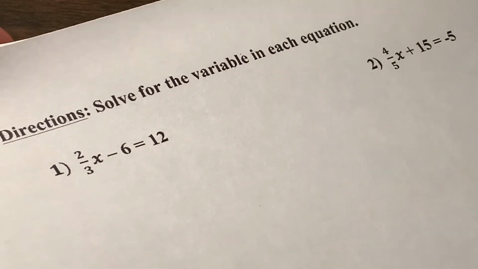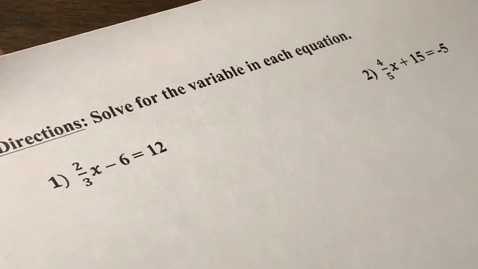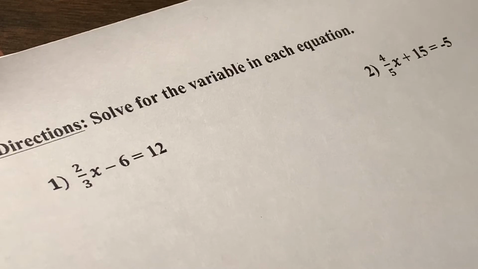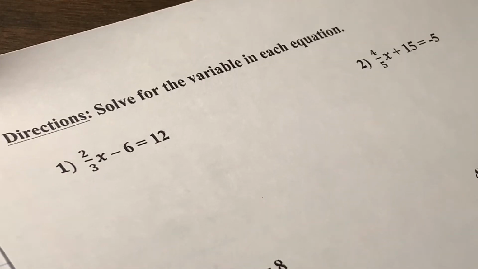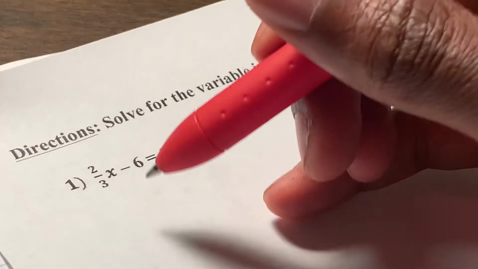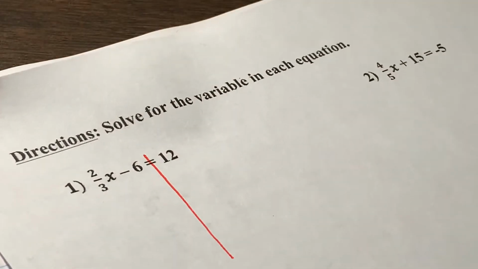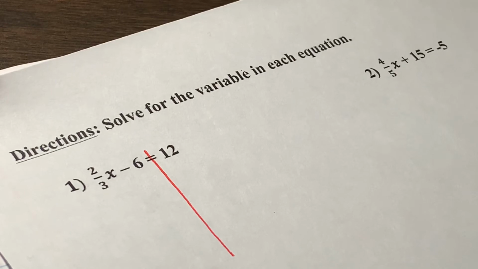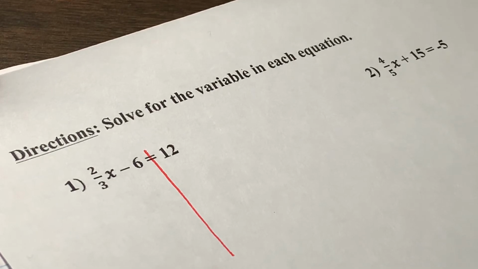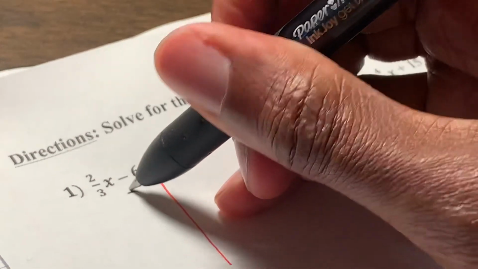Okay, I'm going to assume you tried it. You've unpaused the video to see if you're correct. So let's see if you are correct. We're going to draw that line going down the equal sign. And then we're going to do what? You said add 6 on both sides. Okay. Very good.